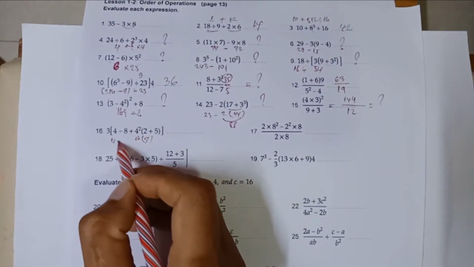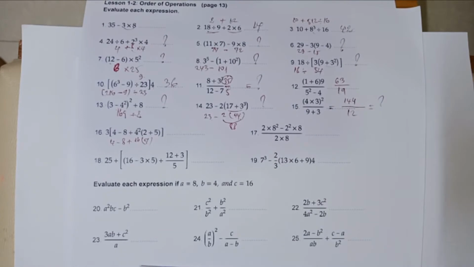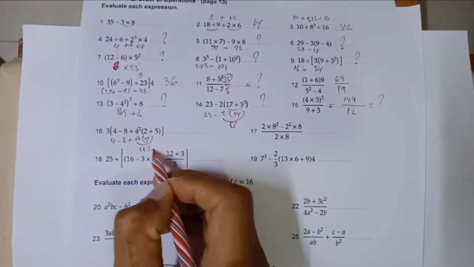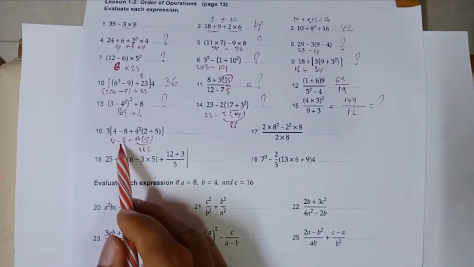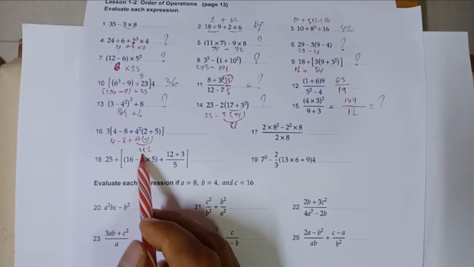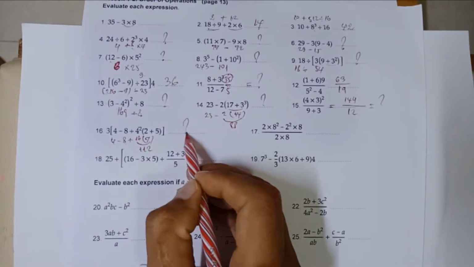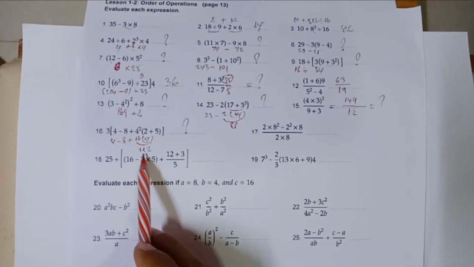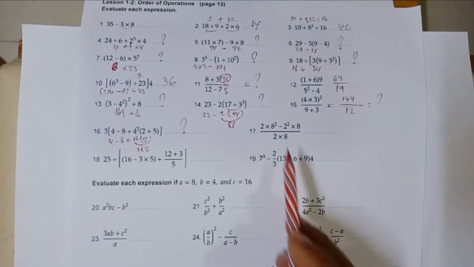And then you have 4 minus 8 plus this number. So all you need to do is 16 times 7 first. 16 times 7 gives you 112. So you have 4 minus 8 plus 112, and you have your final answer. Let me repeat. 4 minus 8 plus 112, sorry, for this part.